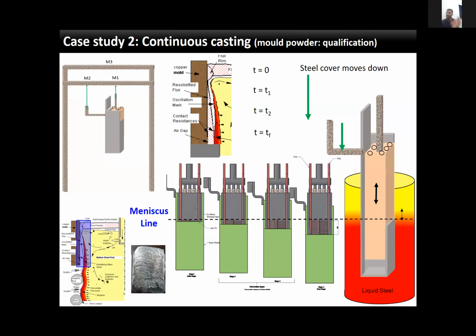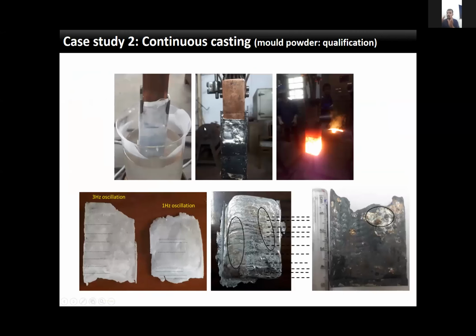So in this simulation, the actual casting speed is considered, mold oscillation is considered, mold frequency is considered, the actual steel is considered, and actual mold flux is considered, and finally you are evaluating the steel shell, how it is being formed. Okay, let us see. This is the trial we have taken.